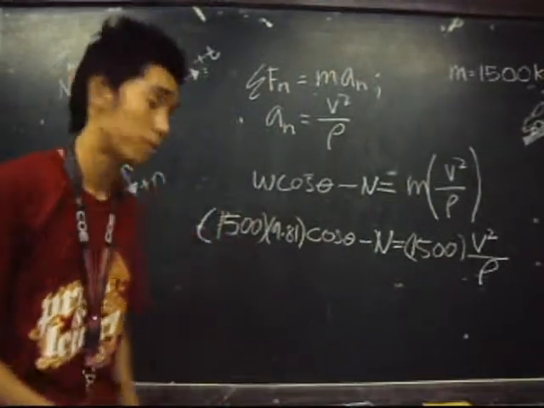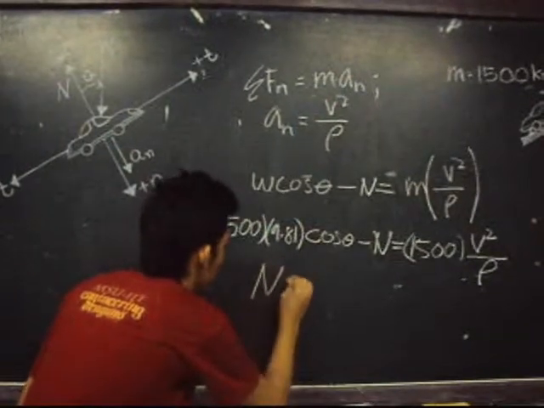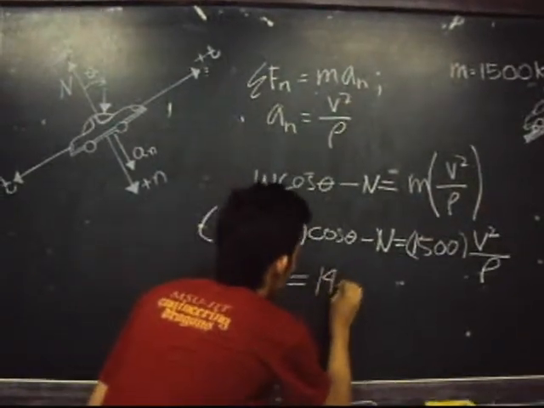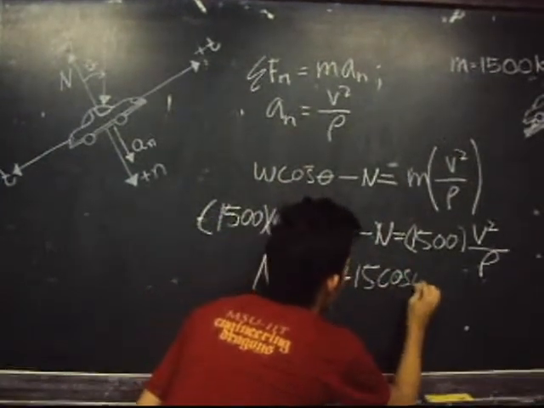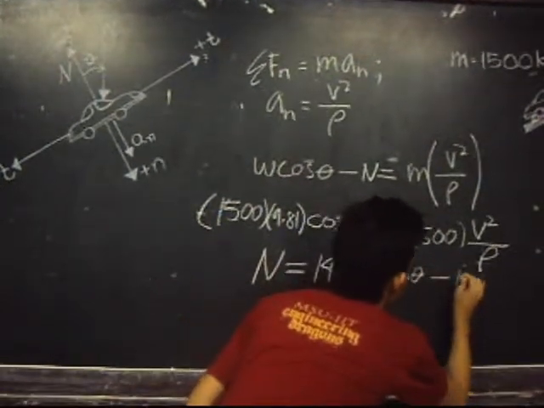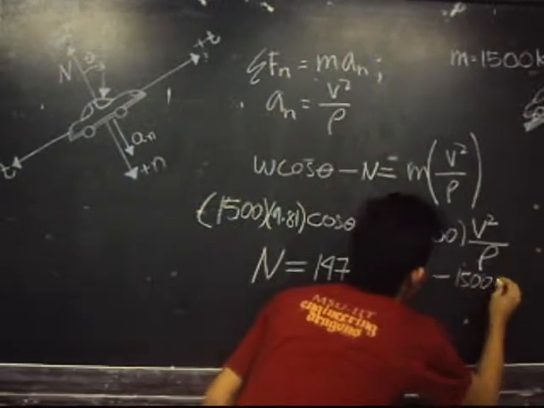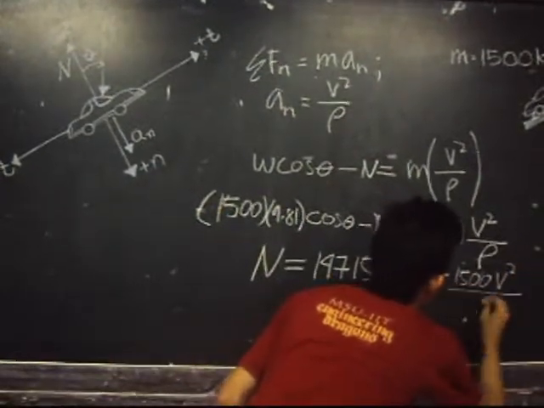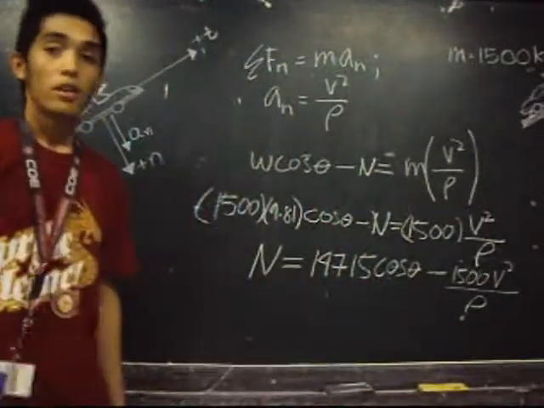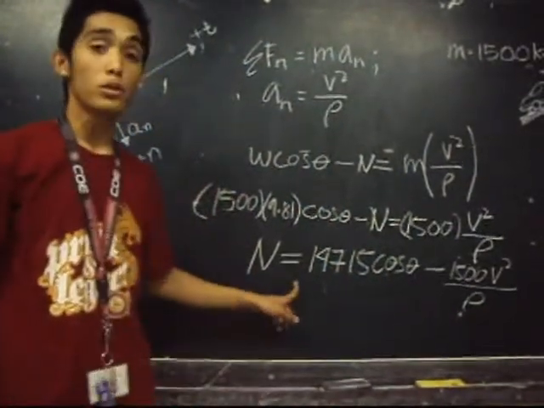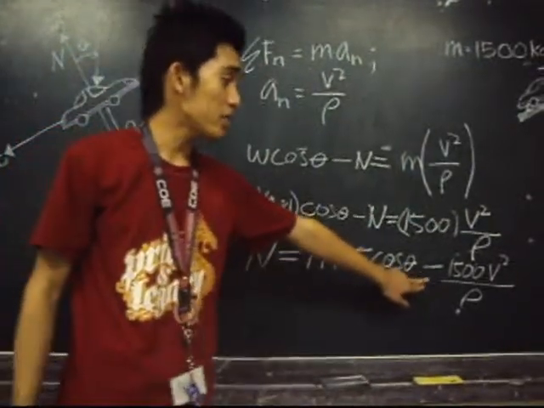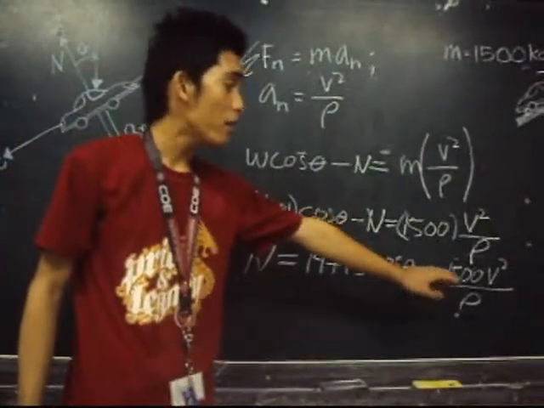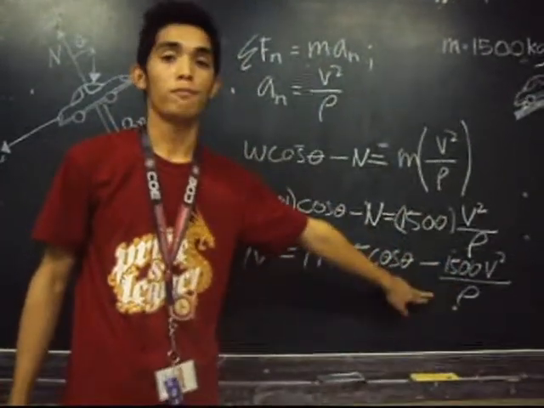Then we have this equation. Normal force is equal to 14,715 cosine theta minus 1,500 v squared over rho.